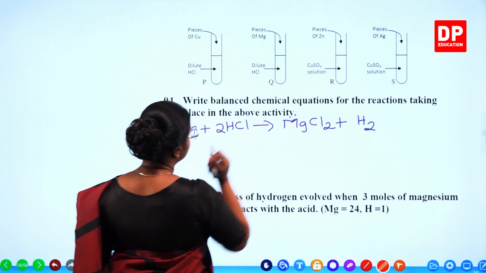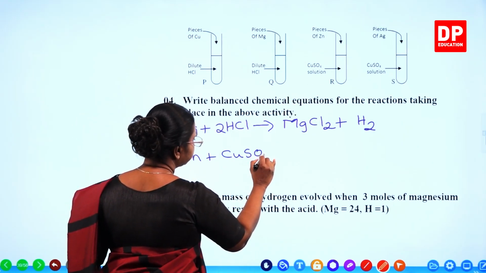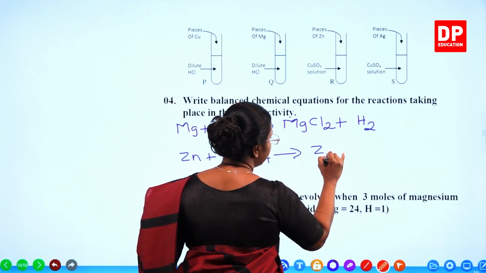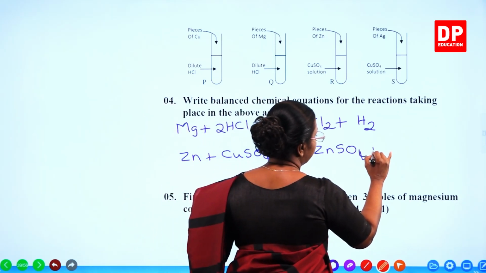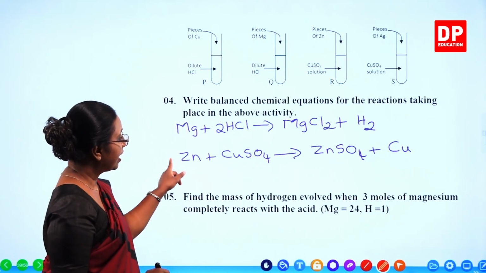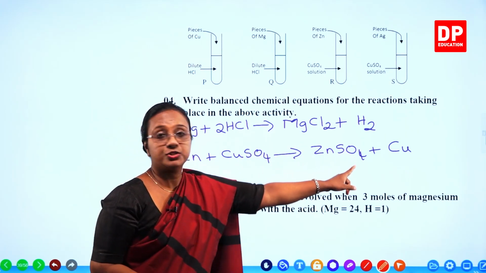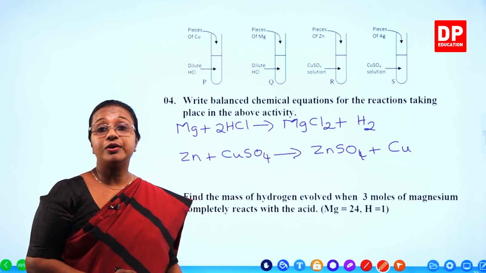Then, there is a reaction here. Zinc plus copper sulfate gives rise to zinc sulfate and copper. Look at the reaction. 1 zinc, 1 zinc, 1 copper, 1 copper, SO4 and SO4. So, the reaction is already balanced.